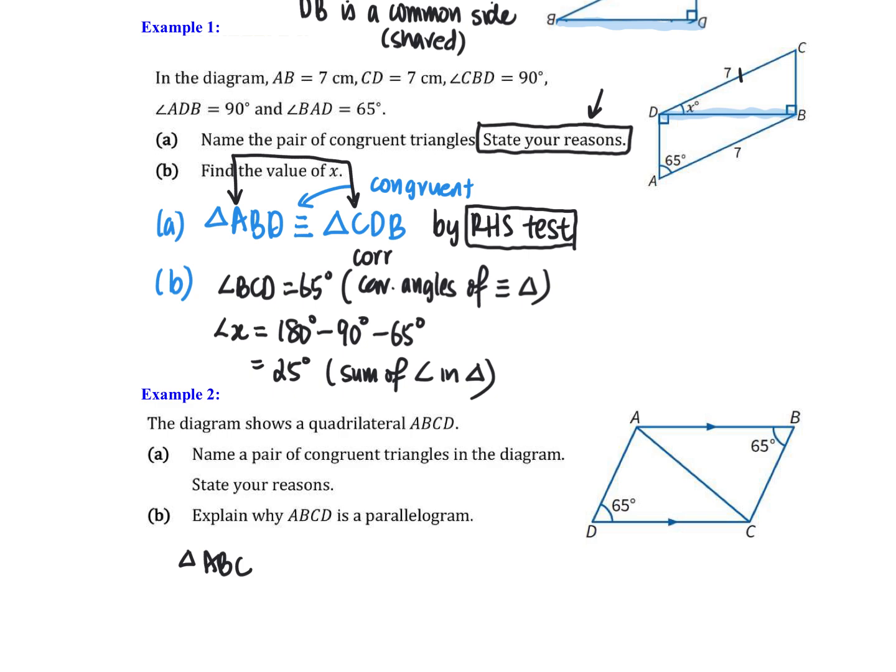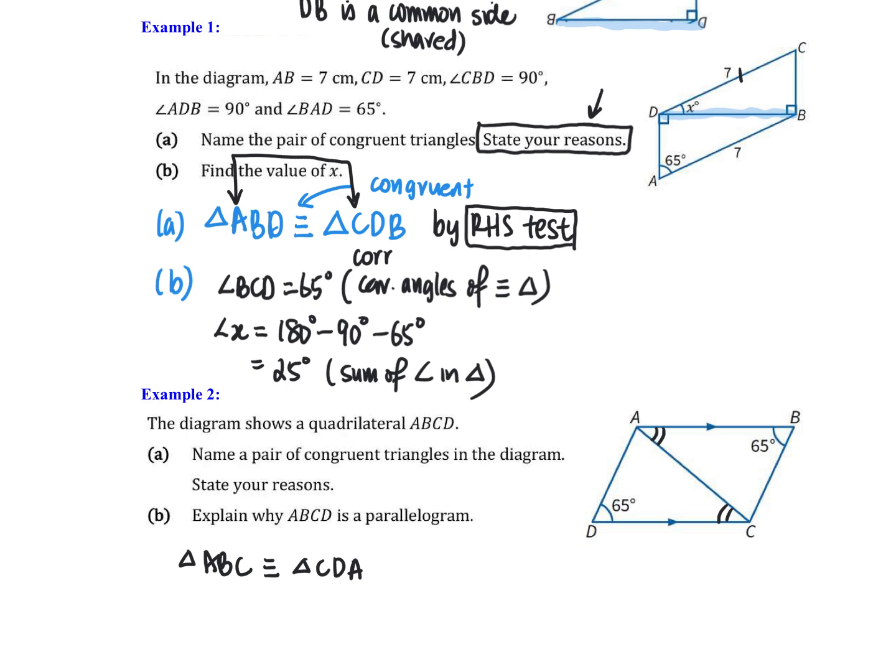First thing first, if you see parallel lines, you have alternate angles. So if you look at this, you will compare ABC with CDA. Then they say state your reasons.